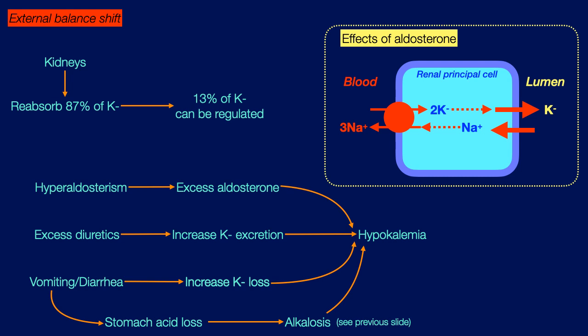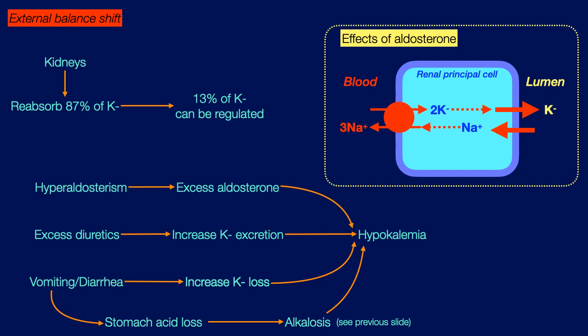Having more intracellular potassium and also having more potassium channels on the lumen side promotes potassium secretion, and you lose potassium.